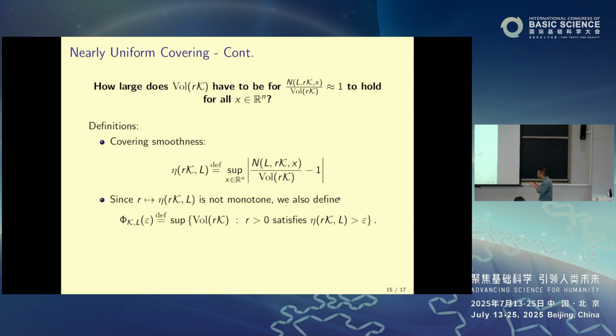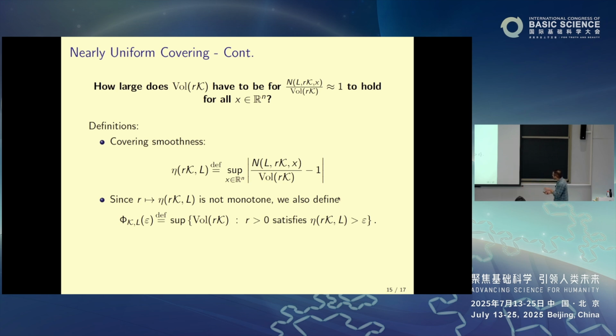Right, so you can easily come up with examples where when I inflate a little bit, this parameter actually increases. Think of Zn and the cube. When my lattice is Zn and I have a cube, at one point I will be perfectly smooth. If I take the cube as [0,1]^n, I will be perfectly smooth. If I inflate it a little bit, I'm not smooth anymore, right? So this is not monotone.